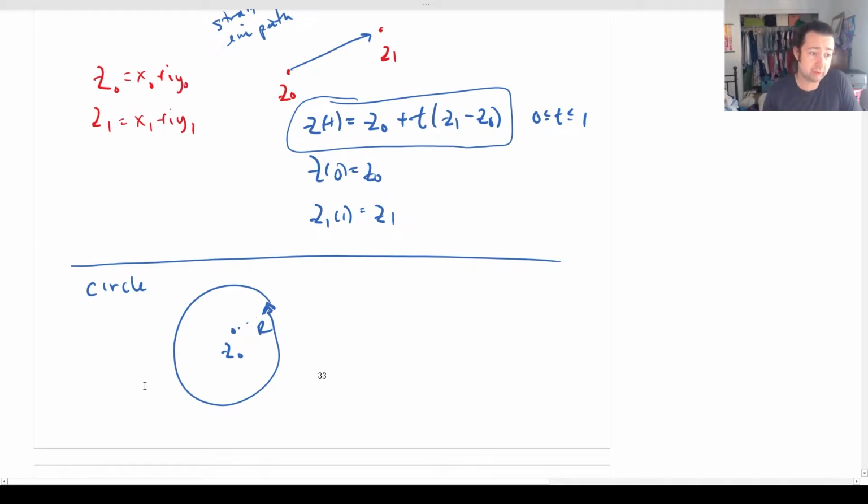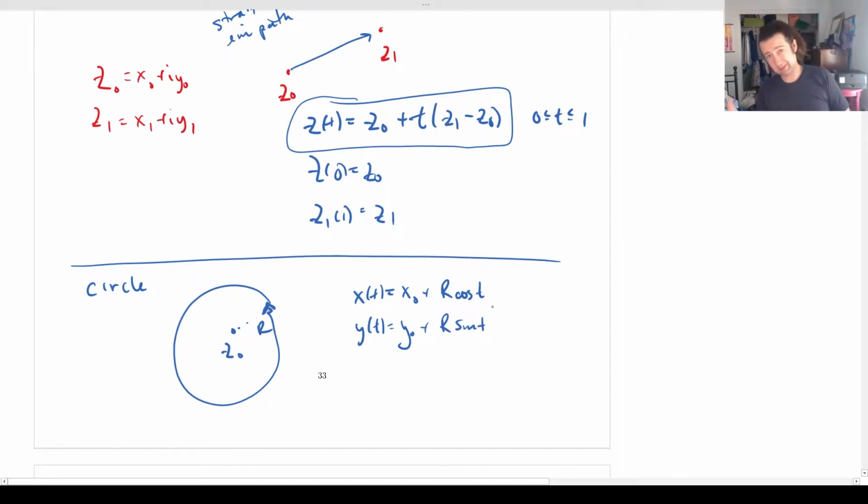The way that you build those is with a standard sort of sine and cosine type setup here. And so you want to do something like x of t is equal to x naught plus r times the cosine of t, and y of t is equal to y naught plus r times the sine of t. And that's the standard R2 version of a circle, parametric equation.